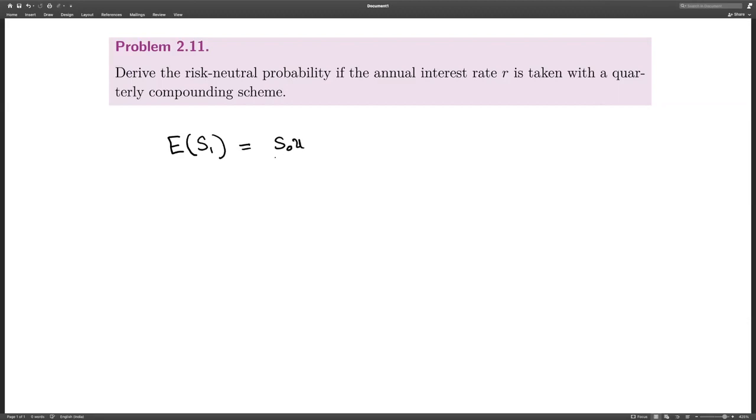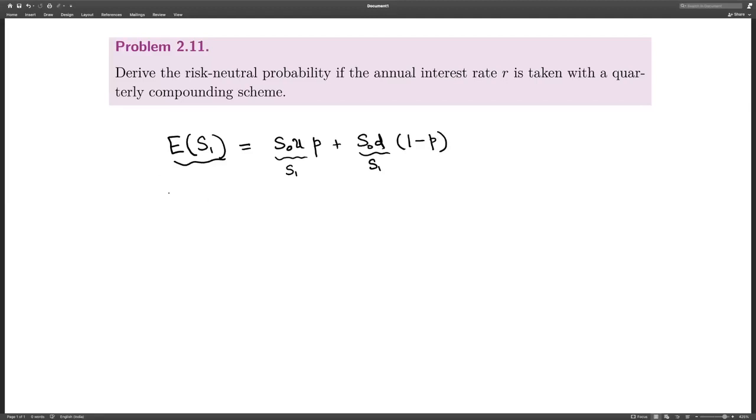This is actually your S1 if the stock goes up, and that happens with probability P, plus S0 into d, that is again S1 if the stock goes down, and that happens with probability 1 minus P, right? So this is the definition of the expectation.